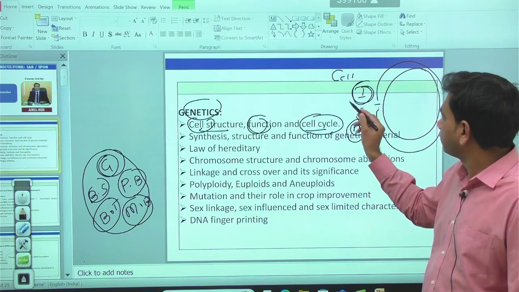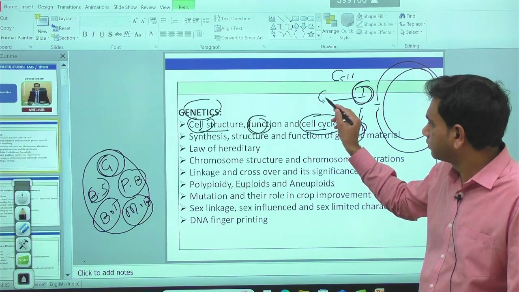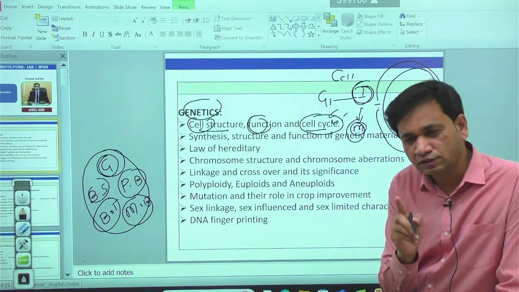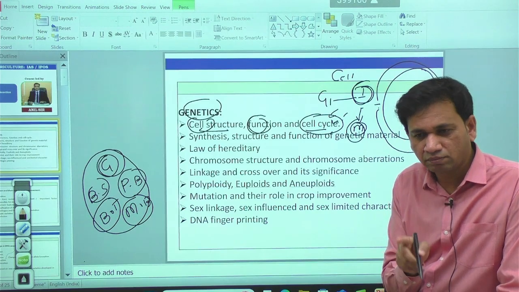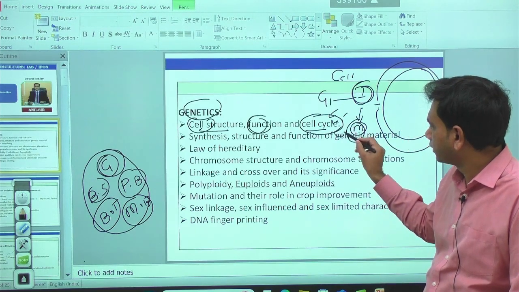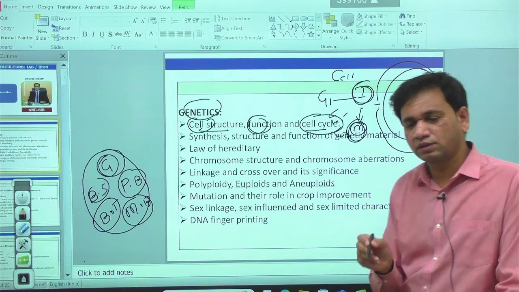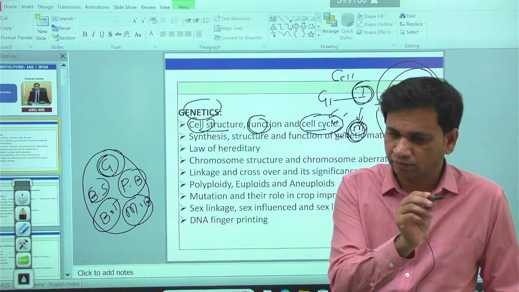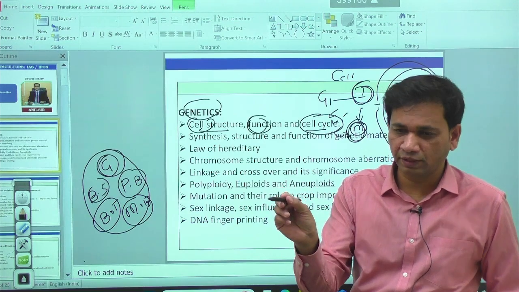Within the interphase, we have the G1 phase, S phase, and G2 phase. After completing G1, S, and G2, it enters into the M phase, meaning either mitotic or meiotic. That is one process of the cell cycle.